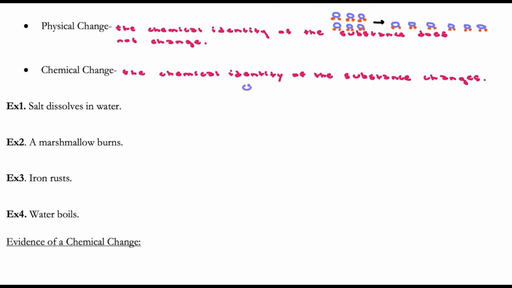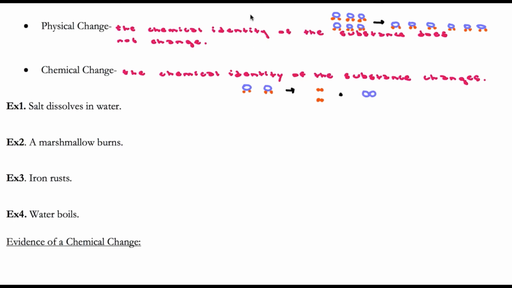So I've got two water molecules here. If I allow them to react, what will happen is the following will form. The water itself will break apart and you will form two molecules of hydrogen, and then you will also have one molecule of oxygen.